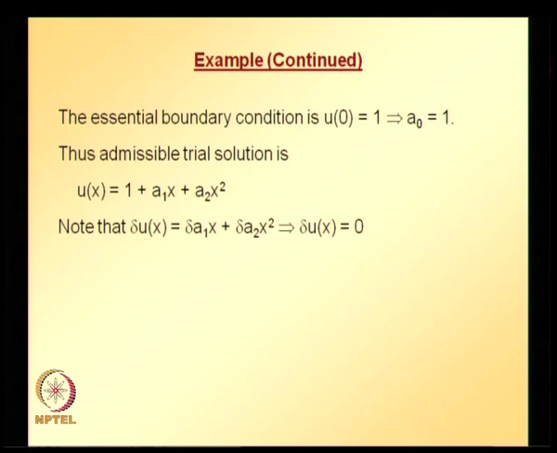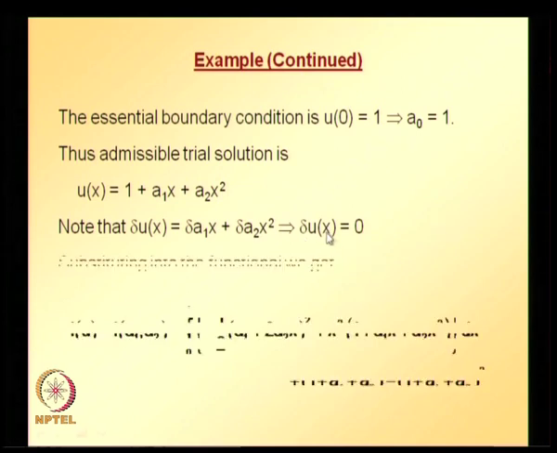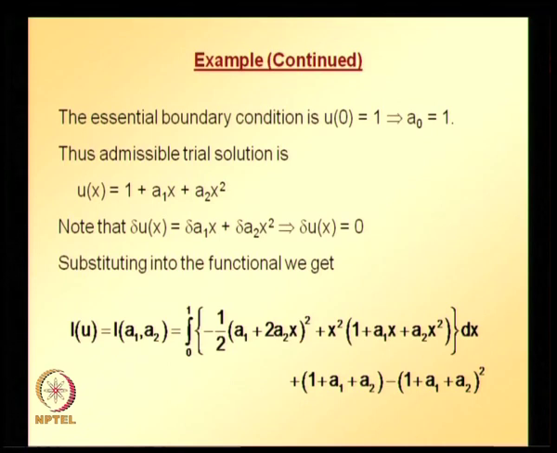Before you proceed further, you can check something. Earlier, to get the equivalent functional, we cancelled out the term variation of u evaluated at x = 0, which is 0. To check whether what we did is correct, now that you have the admissible trial solution, you take its variation and substitute x = 0, and you get variation of u evaluated at x = 0 is 0.